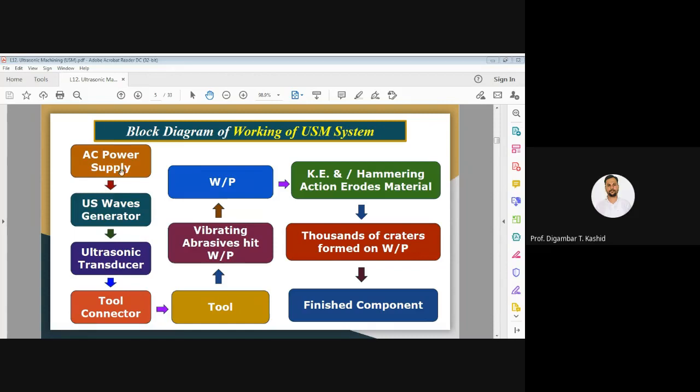Again, we have to convert those waves to a high frequency, so an ultrasonic transducer is there. Then to transfer the vibrations to your workpiece, we need some tool.